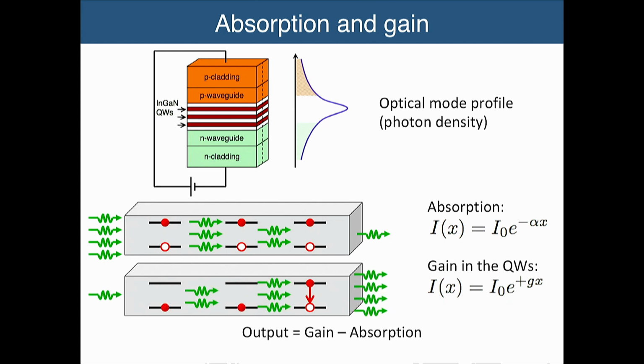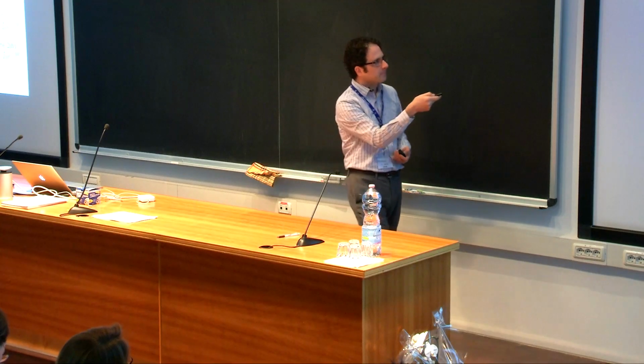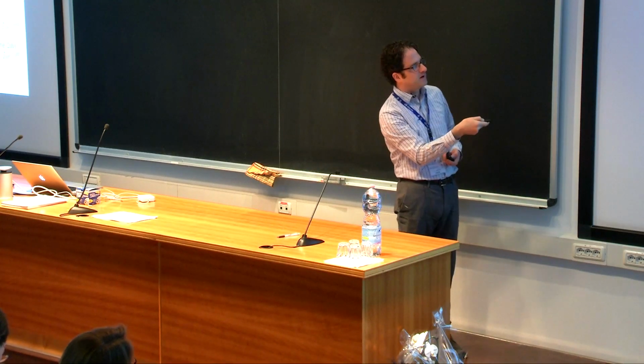One photon gets amplified by stimulated recombination, and so this quantity, G, is a positive number. It tells you how your signal gets amplified as it propagates through the material. In a laser, both of these things happen, both absorption and gain. Of course, gain is what we want, absorption we don't want. So in the quantum wells, you have primarily gain.